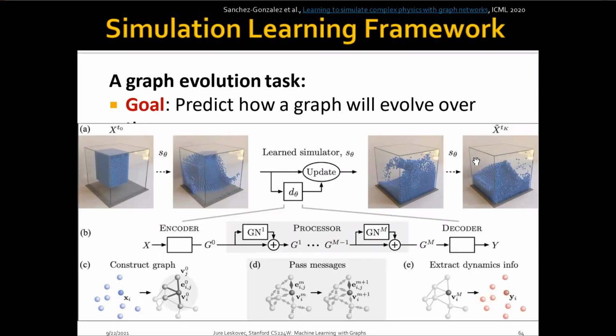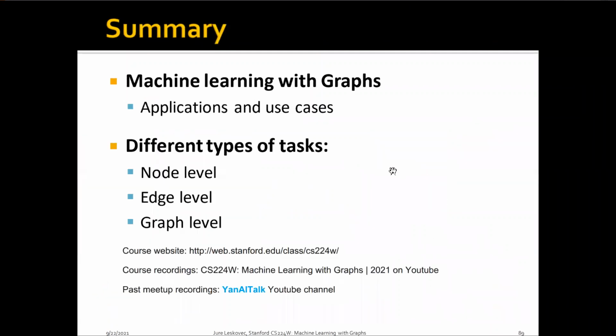Okay, so that's all the examples I have for today. And yeah, so we have talked about why graphs and what the challenges are, like arbitrary shape, arbitrary properties and structures, right? So it's a very challenging problem to solve. And there are so many use cases for the graphs. And the tasks can be defined at the node level, edge level, subgraph, or graph level.